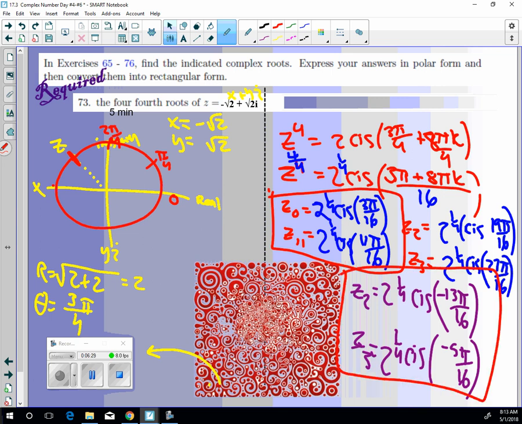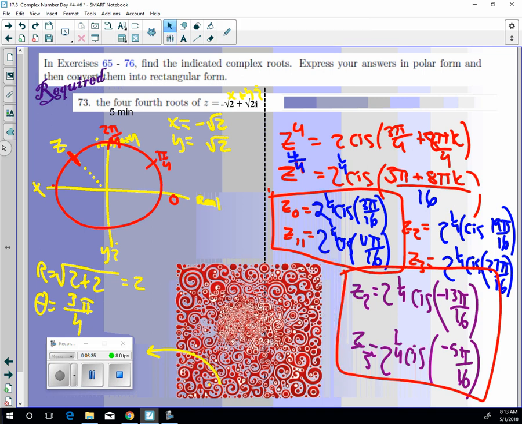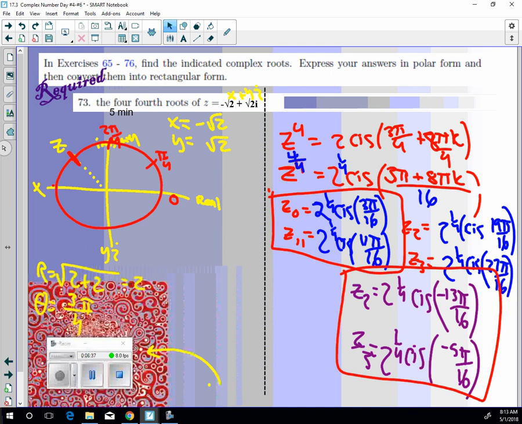Now, some people that are so clever, and I know you're out there, what they do is instead of going, once you get this one, Z1, it's close to pi, they go, I'm going to try doing a negative 1 for k. So what's 3 pi minus 8 pi? There's your negative 5.